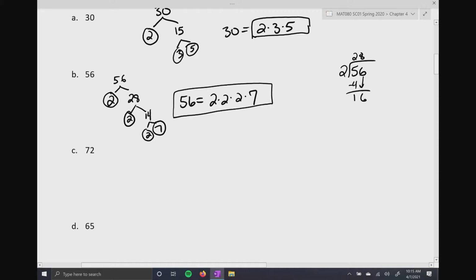Okay. Well, I got an answer. All right, go ahead. Could you give it to me one more time? Okay, so 72 equals 2 times 2 times 2 times 9. No, because the 9 is composite. That can be broken down even further. Okay, break it down.